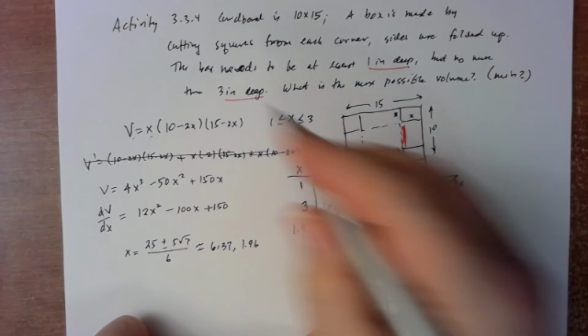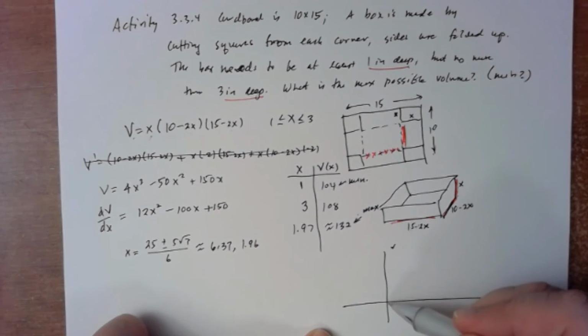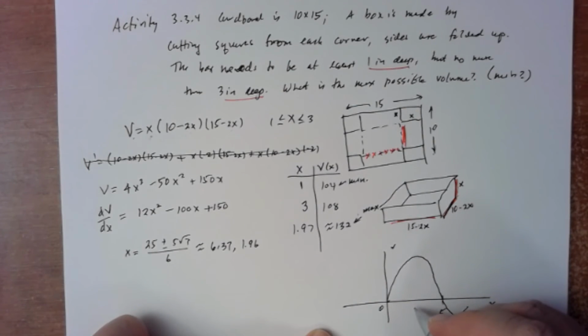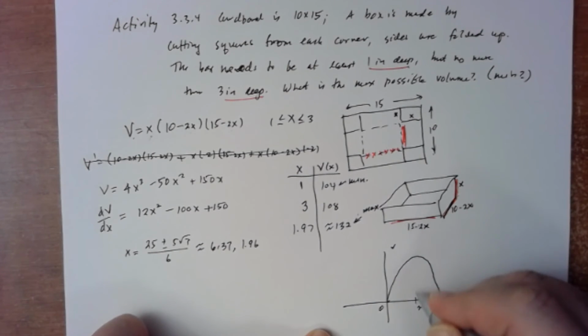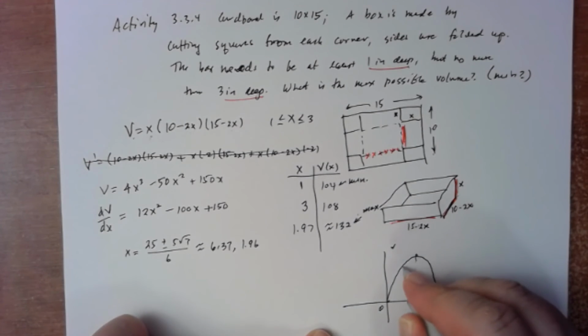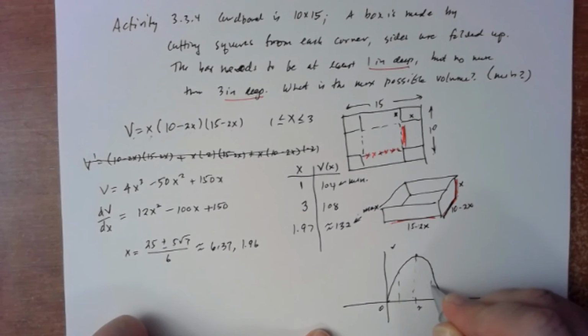If you graph our function V, what you're going to see is the function comes up and then comes down, and this is from 0 to 5. We got our maximum at about 1.96, which is about 2. And our restriction is about here and here, so this is from 1 to 3.